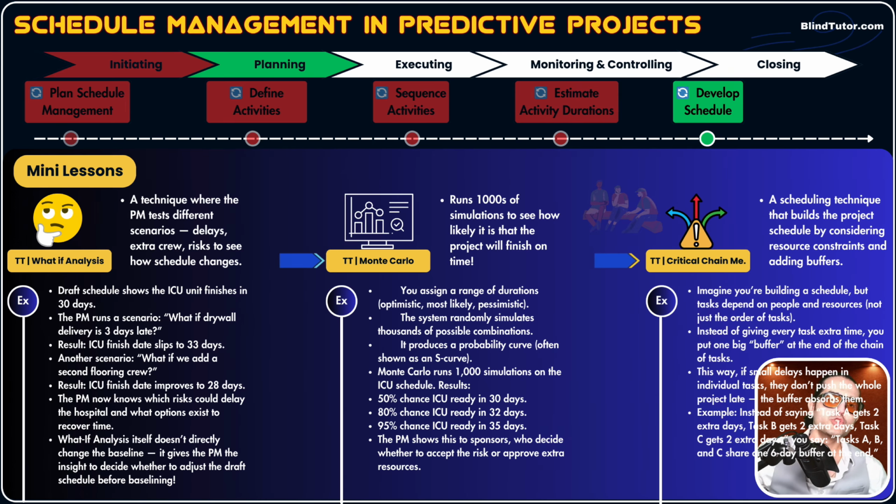The buffer absorbs them. For example, instead of saying task A gets 2 extra days, task B gets 2 extra days, task C gets 2 extra days, we say, hey, tasks A, B, and C share one 6-day buffer at the end. It adds buffer to all of the activities at once. This is critical chain method.